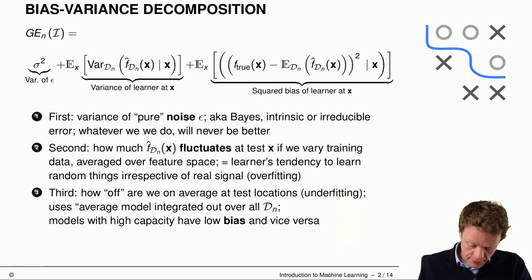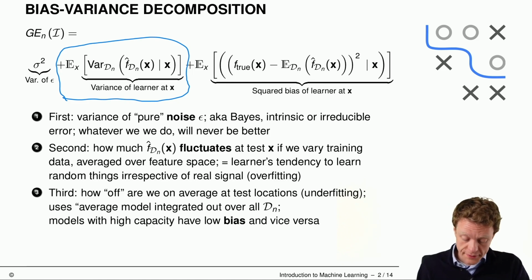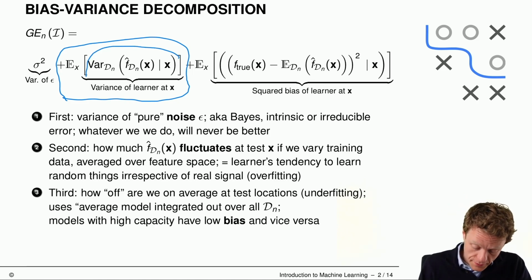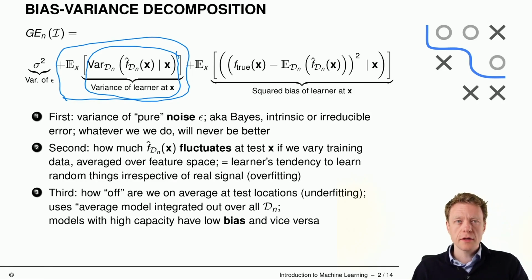Then the second component, the expectation of the variance of f hat Dn of x given x. The thing inside that expectation is the variance of the learner at some point x. So we fix a point x, and we ask ourselves what happens if we sample new training data Dn again and again.